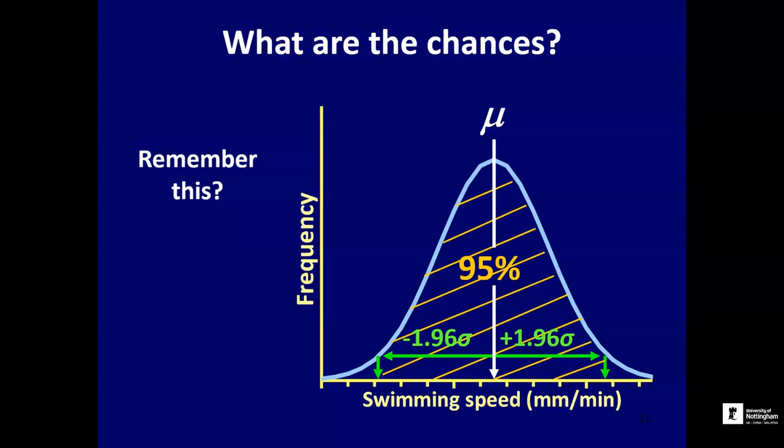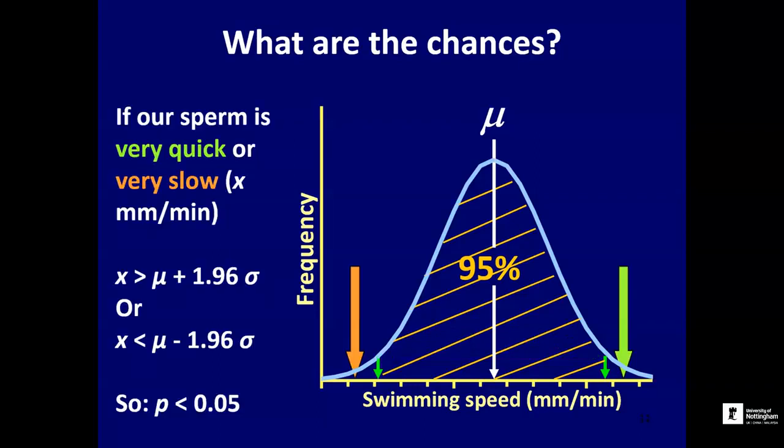So if you are able to assume that, then you can immediately start to say something about an individual measurement that you've made, which you think may or may not be from this underlying population. So let's say we measure our individual sperm, and we find that it's swimming very slowly.